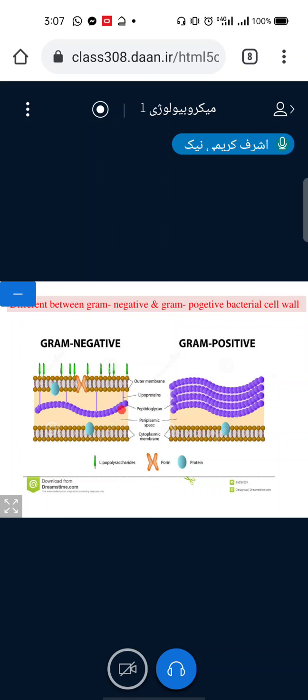Peptidoglycan in gram-negative bacteria is in the periplasmic space.